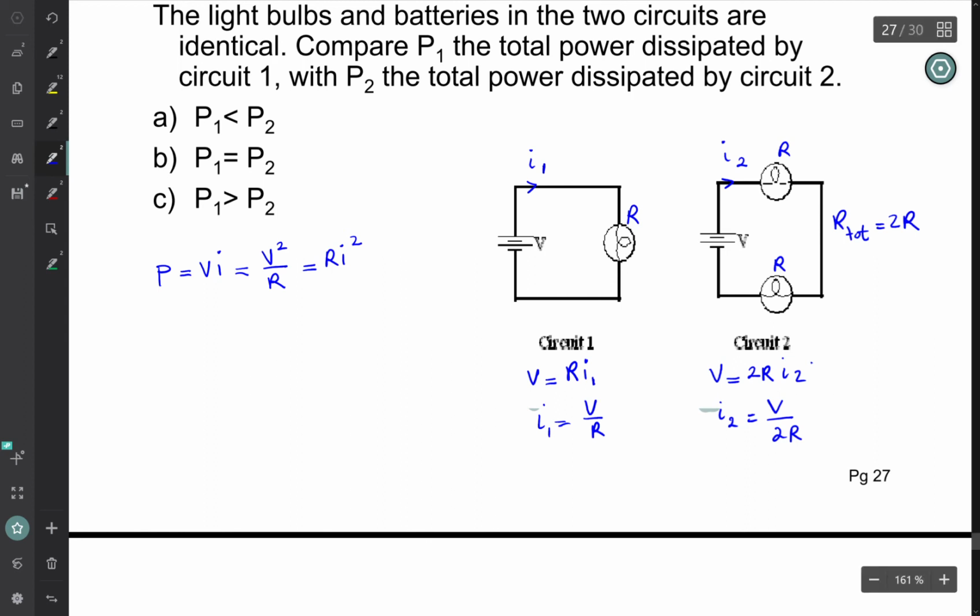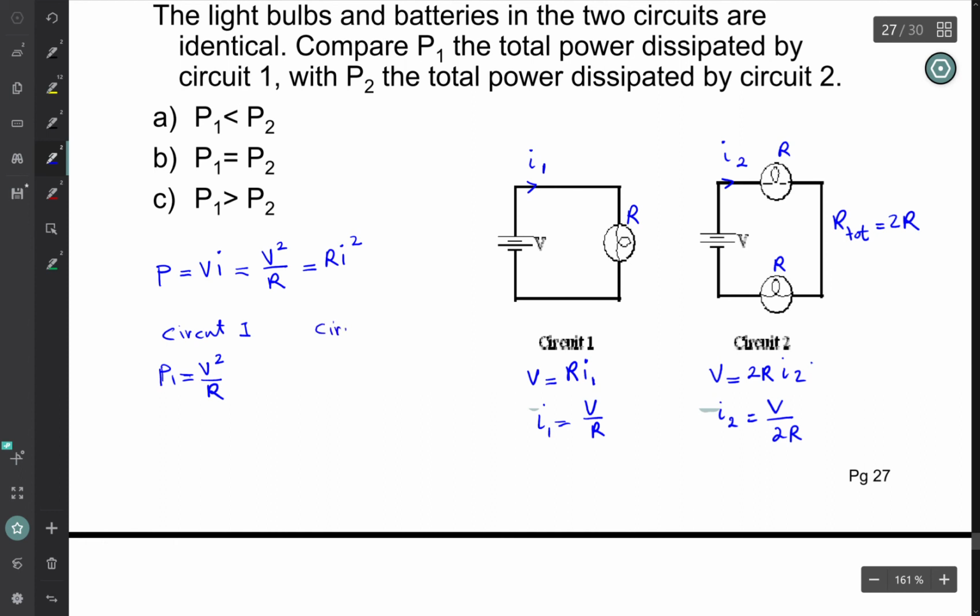So for circuit 1, the power dissipated P1 is going to be equal to V squared over R, because the voltage across that bulb is the same as the voltage of the battery. So P1 equals V squared over R.